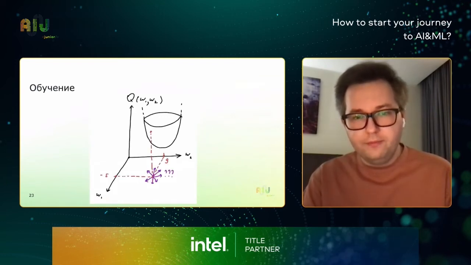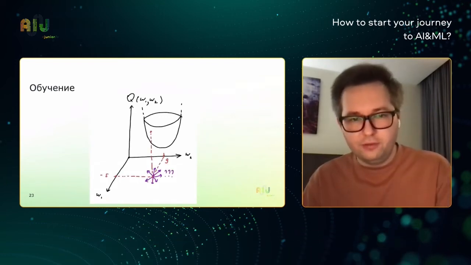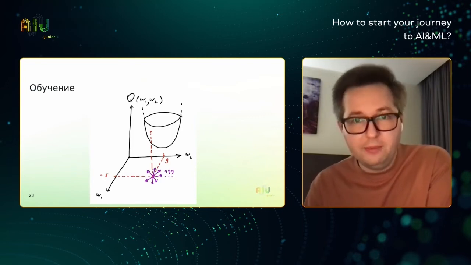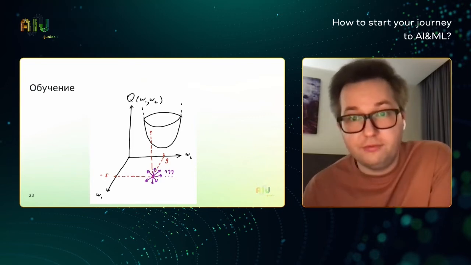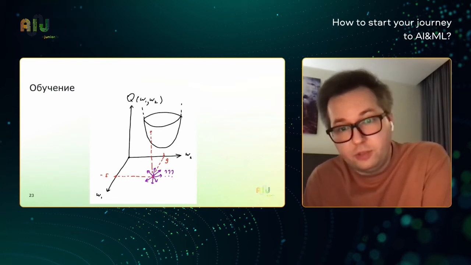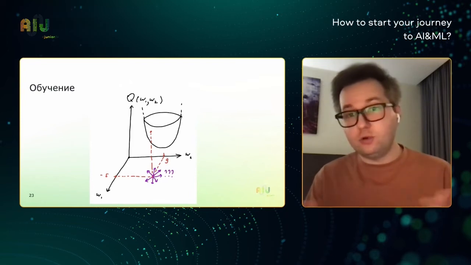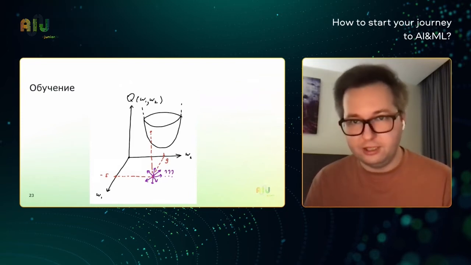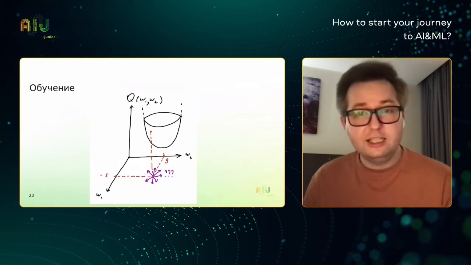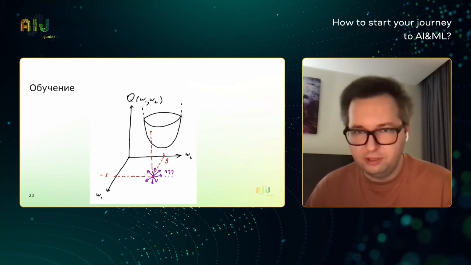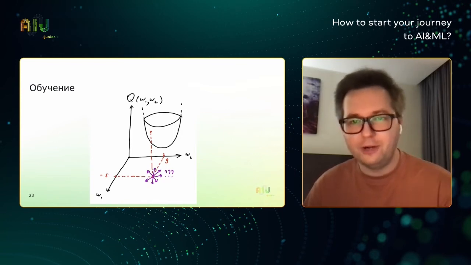The same algorithm again. I take a certain point, W1 minus 5, W2 9. I have the set of parameters, and I got some point on the graph, and I have to move somewhere, shift to come closer to the minimum. There are a lot of directions to go: left, right, up, down. There are a lot of arrows marked here, and it turns out that it's possible to calculate, not the derivative, but the gradient.